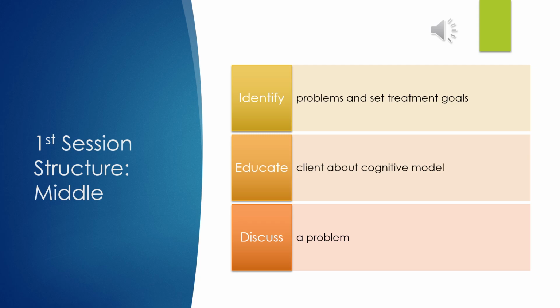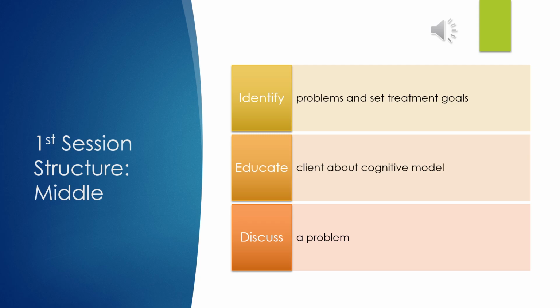So now we've covered the beginning part of the first session. Once you get to the middle part, this is when you will identify problems and set treatment goals. Again, at this point, your treatment goals will still be pretty tentative. So you will just share that with your client, and let them know that you will continue revising those treatment goals according to the client's feedback as you get to know the client a little better.